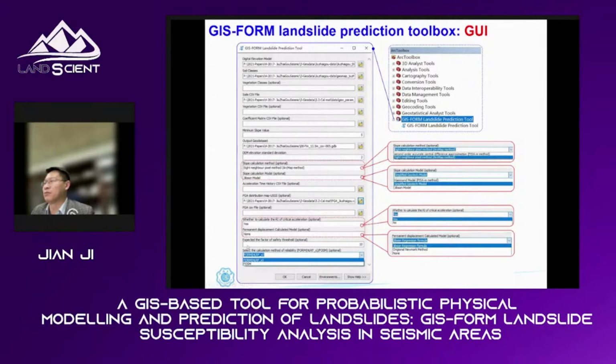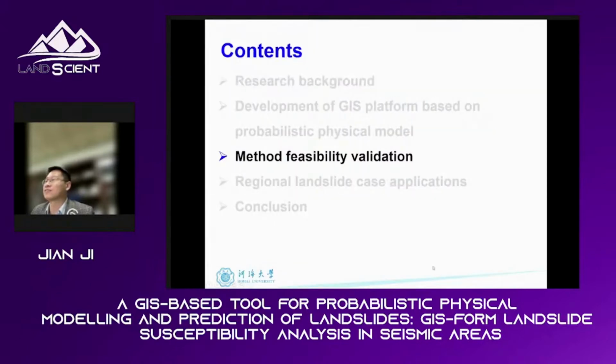We can produce the reliability index, or on the other hand the failure probability, to produce the hazard susceptibility mapping. In terms of seismic analysis, we included some calculation models for the seismic displacement.